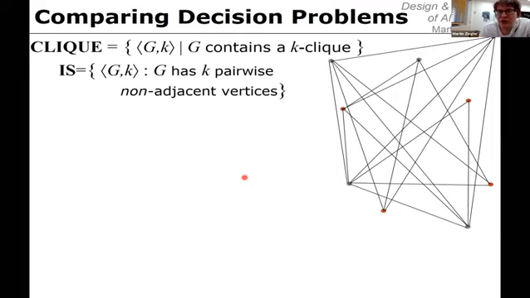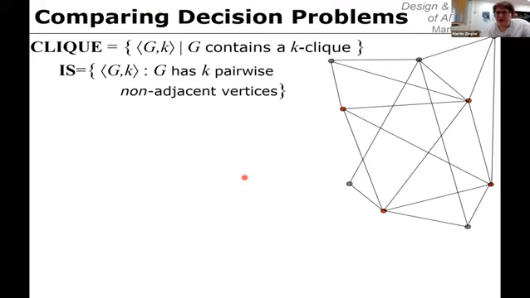So our new algorithm for the independent set problem receives as input such a graph and an integer k, and our algorithm will form the complement of that graph. It will flip the presence and absence of edges, which is easy to do just in the adjacency matrices. Flip all bits, replace zeros with ones, and replace ones with zeros.